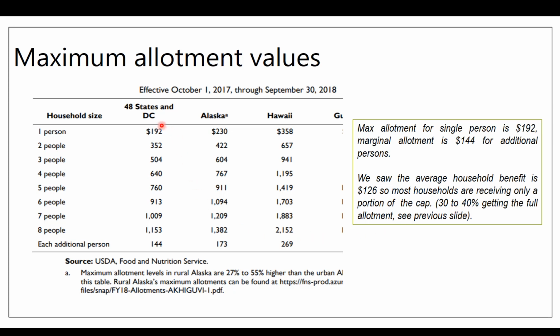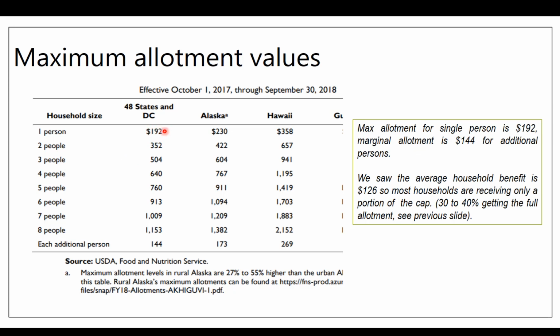Here's the schedule, right? So as the number of people is added, I think this is wrong. It says 144 is the marginal. That only is after you get to 8 people. Well, 7. Right? This one's 44, and then 144, and then every additional one's 144. But it starts out at like 160. So that's not important, but you can see the scale here.